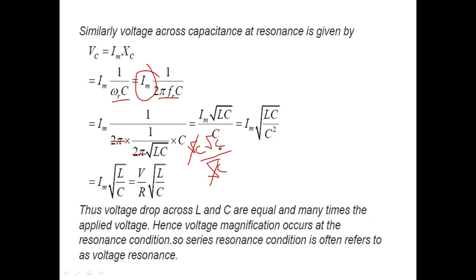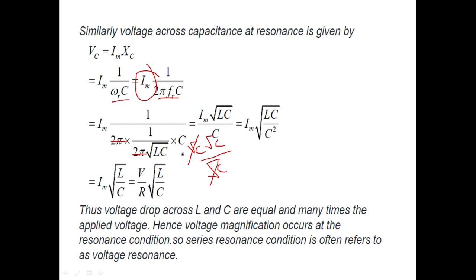So the equation becomes I_m into root of LC upon C, which is equal to I_m into root of LC upon C square.